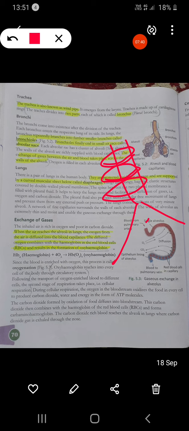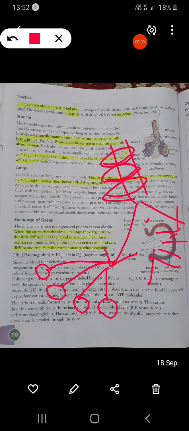Sorry children, these two parts are known as bronchus. Now each bronchus further divides into so many small divisions that are known as bronchioles, and these bronchioles are connected through alveolar sacs. Children, these alveolar sacs are connected through the lungs and they help in the exchange of gases.